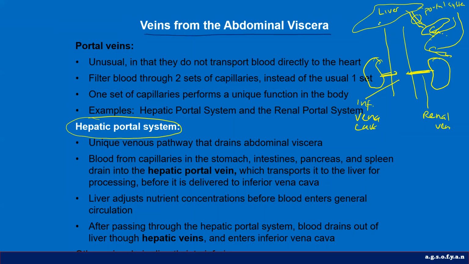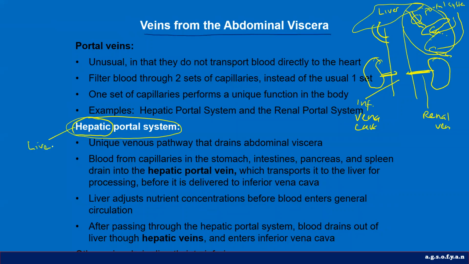And finally, from the liver, the blood will enter into the inferior vena cava. So you see over here is a special circulation between capillaries in the digestive organs, stomach, intestine, pancreas. All of them will enter into the liver, and this is called the portal system. And because it involves the liver, the portal system is called the hepatic portal system.